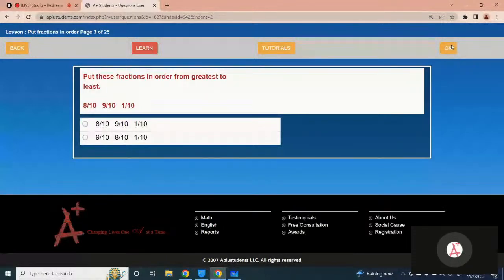Okay, put these fractions in order from greatest to least. You have to write the greatest one first, and then you have to write the least one. Okay, 8 by 10, 9 by 10, and 1 by 10. So which one is the greatest one? Which option is the correct option, the first one or the second one?